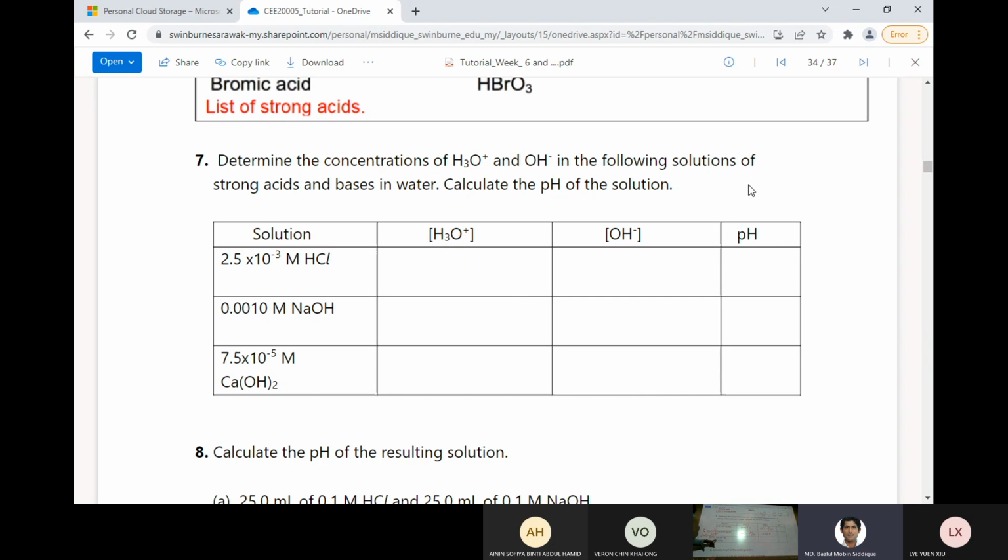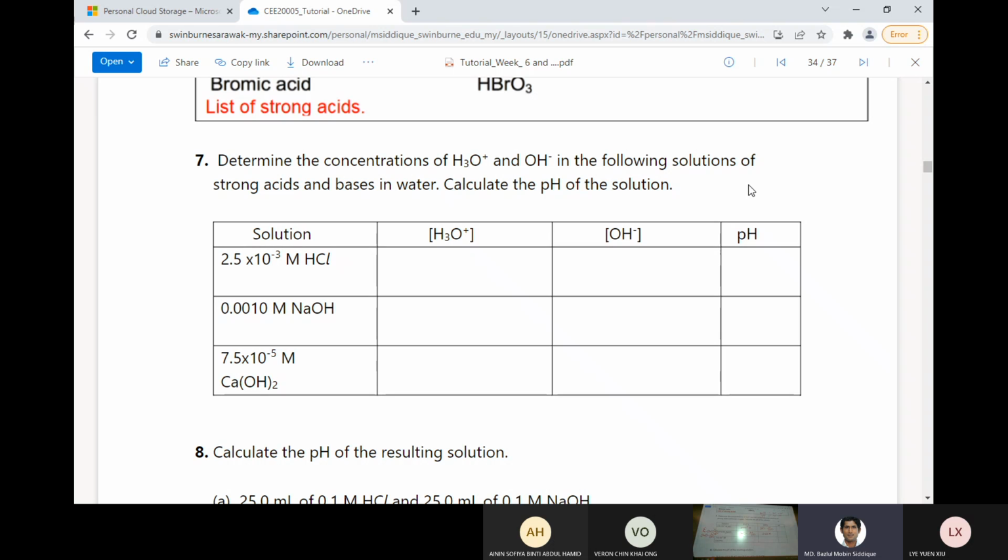And what about calcium hydroxide then? Who can tell me? Yes. So this one, calcium hydroxide: 7.5 times 10 power negative fifth molar of calcium hydroxide.